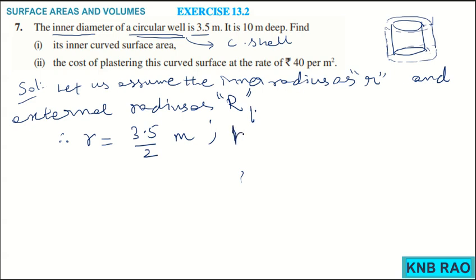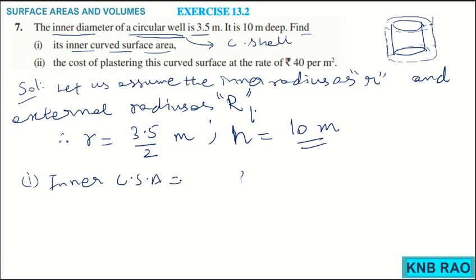Here the height is 10 meter. The moment you have 10 meter as the height, find the inner curved surface area. So the inner curved surface area will be 2 pi small r into height h.